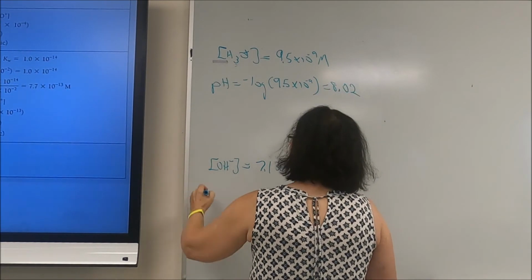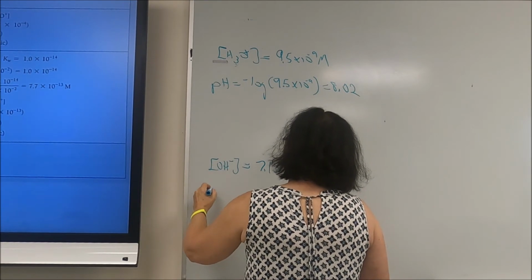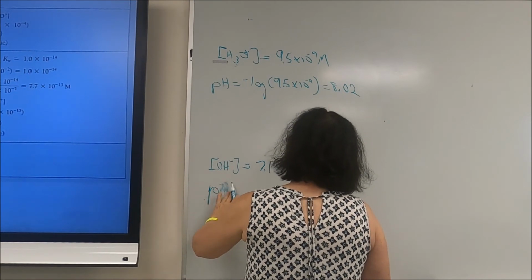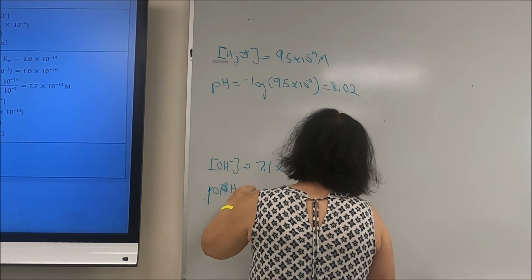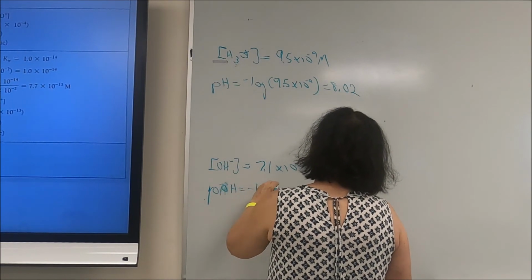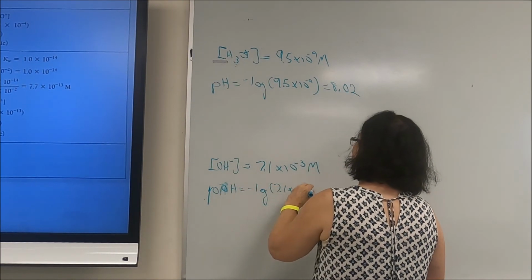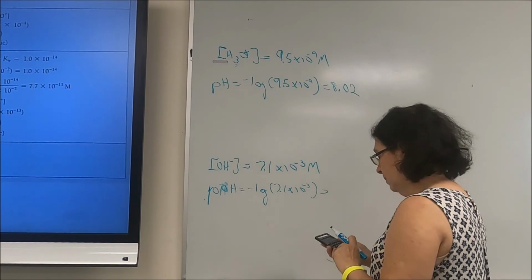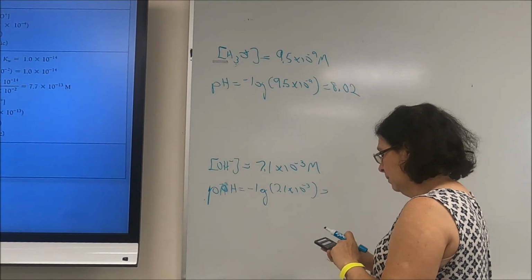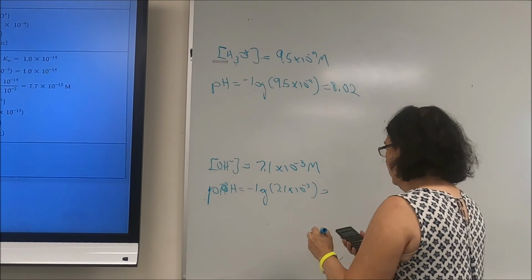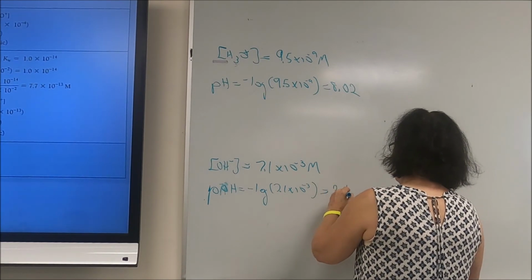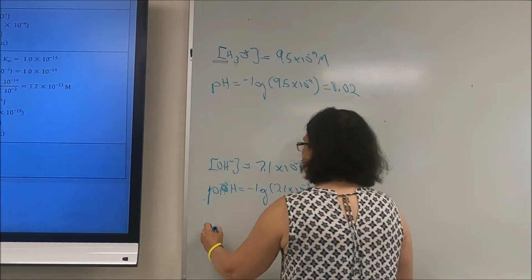Down here, I've got a base. So I'm going to first calculate the pOH. It's going to be the negative log of 7.1 times 10 to the minus 3, and I get 2.15.